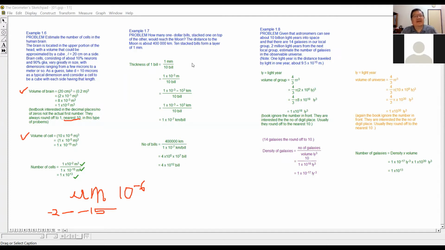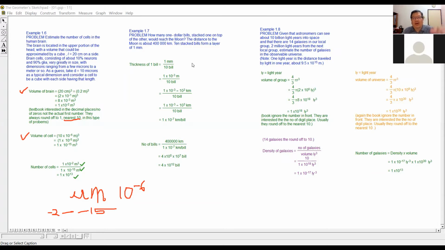Now it means that the thickness of one stack of $1 bills, or $1 notes, with 10 pieces stacked up, is actually 1 millimeter.